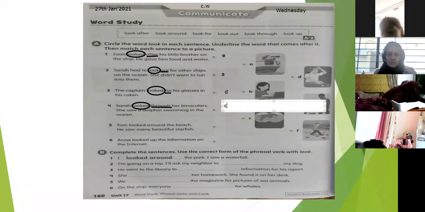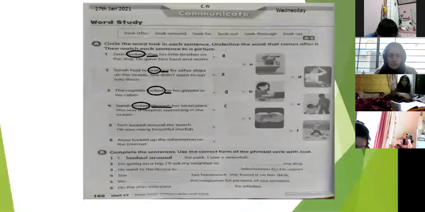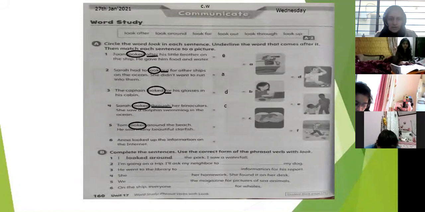Okay, 5 is Tom looked around the beach. He saw many beautiful starfish. So what you need to do here, you need to circle looked and underline around.